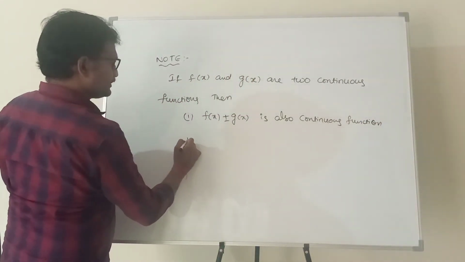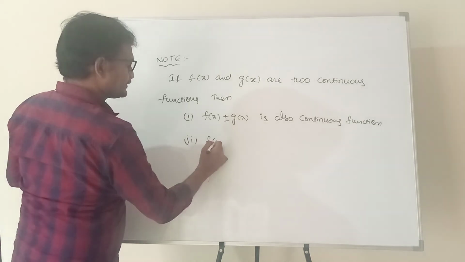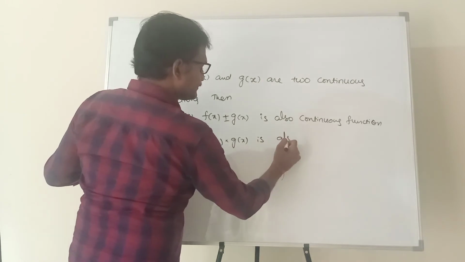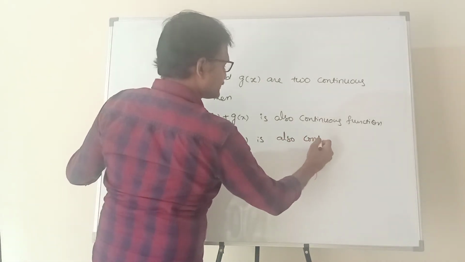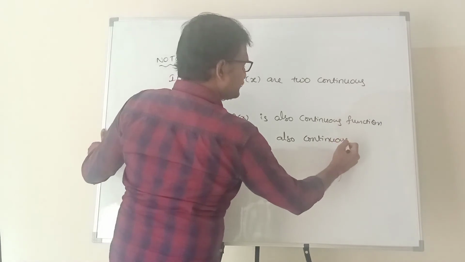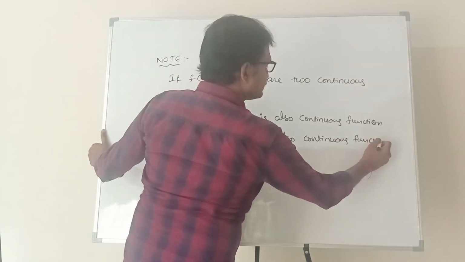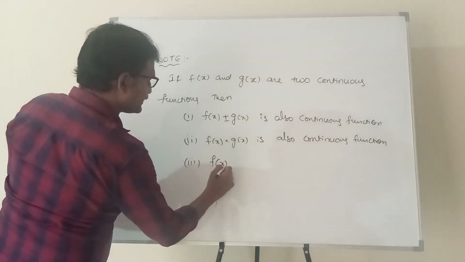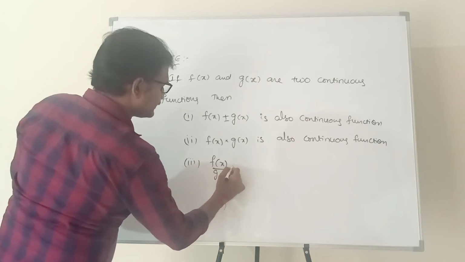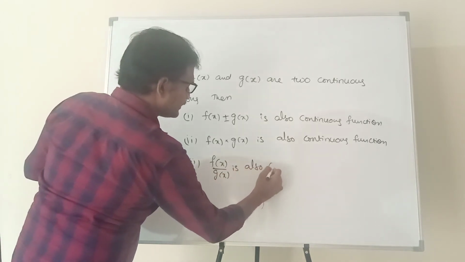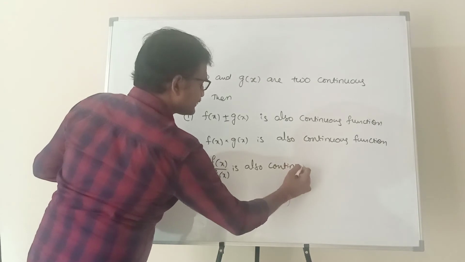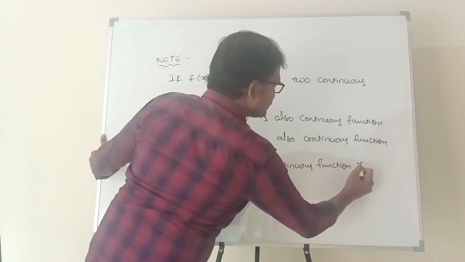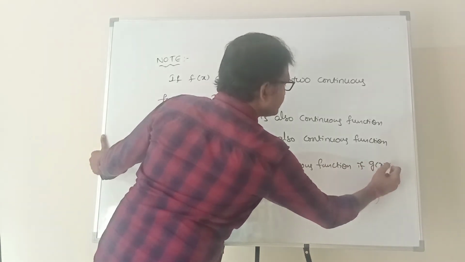Next, f of x into g of x is also continuous function. Next, third one, f of x by g of x is also continuous function if g of x not equal to 0.